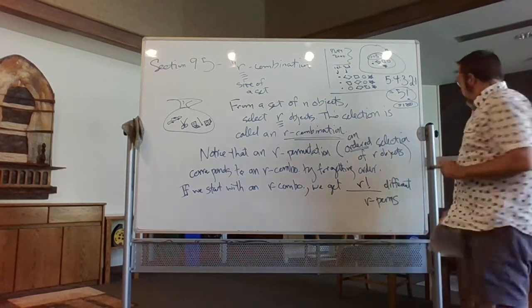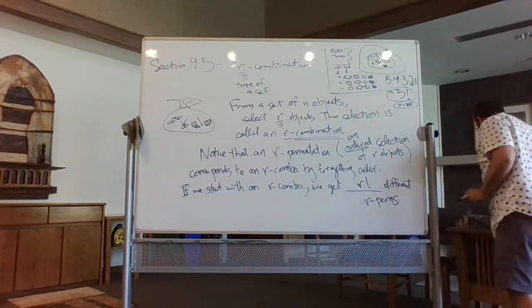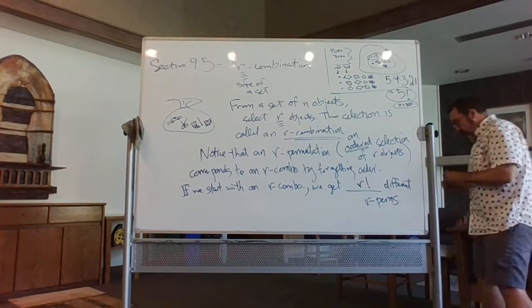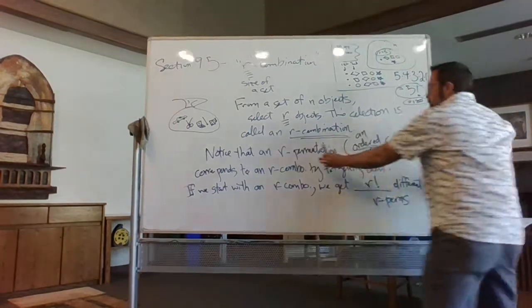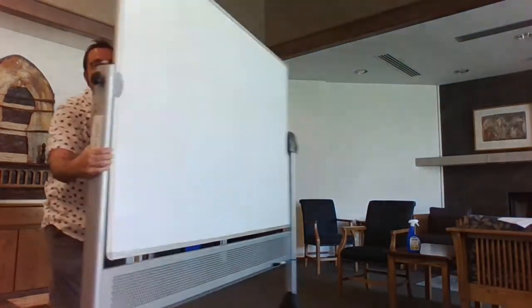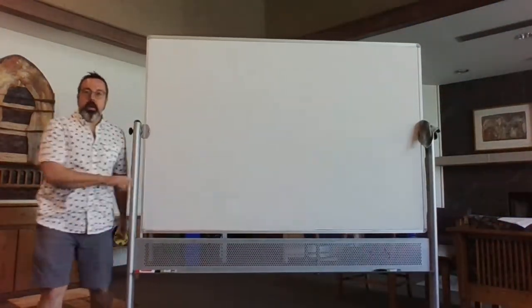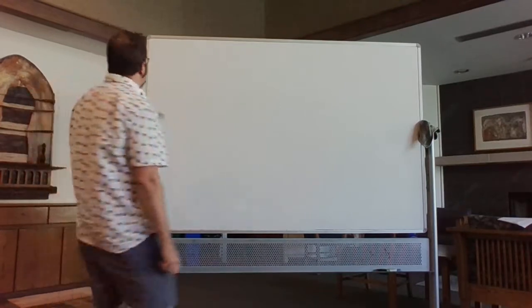Now this is really important, so go ahead and turn the whiteboard around. This is really important because it gives us a way of computing how many R combinations there are in a given set.